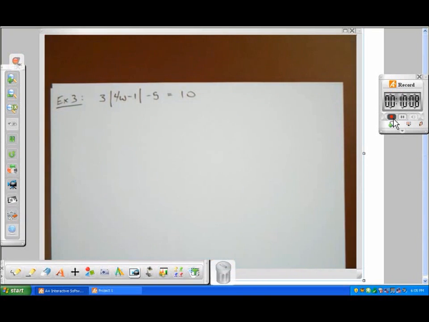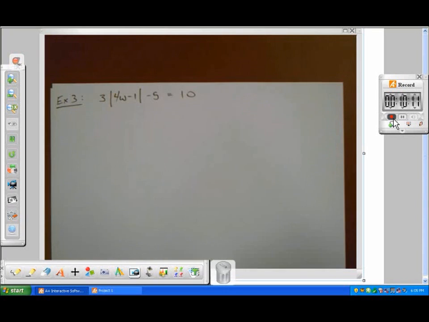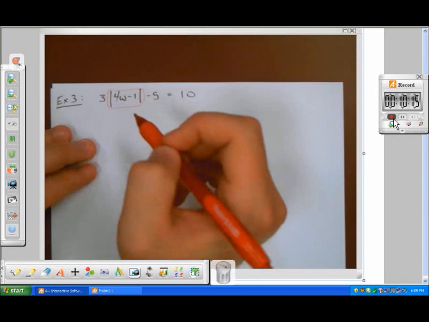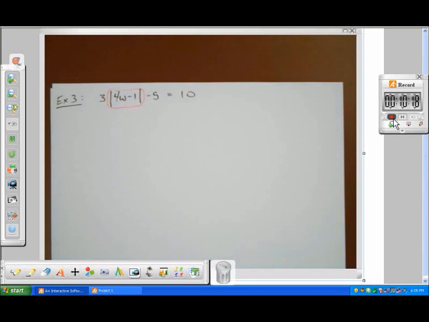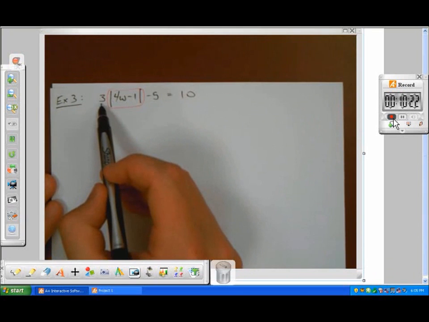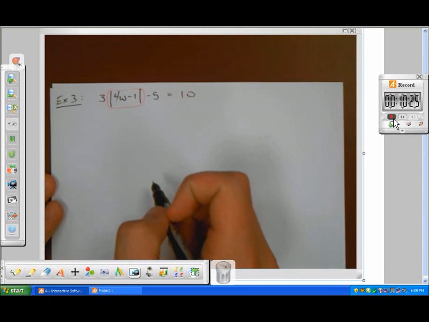Now notice that there's all this junk around the absolute value. Here's the absolute value right here. And I want to get that all alone so that I could do the job that I was doing before. The issue is this multiplier out here and the addition.